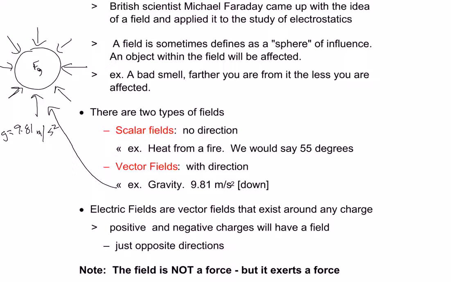So our gravitational field causes the force of gravity to be whatever, your mass times 9.81, but it's not the force itself. So the same thing happens with electric fields. We're going to have some sort of field around an electric charge that'll cause the field to go inwards or outwards depending on what the charge is, but it's the same sort of idea. It's not a force, but it does cause a force.